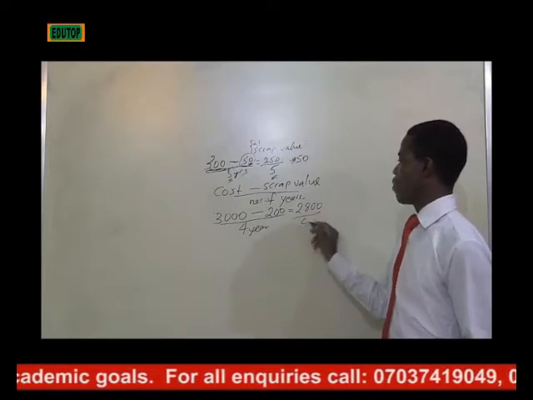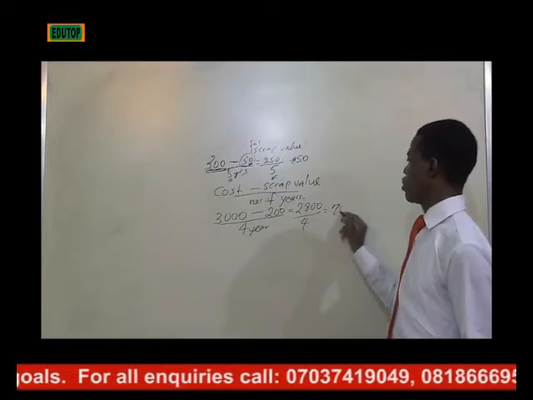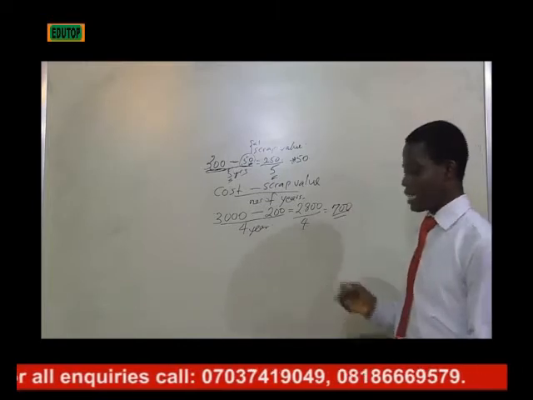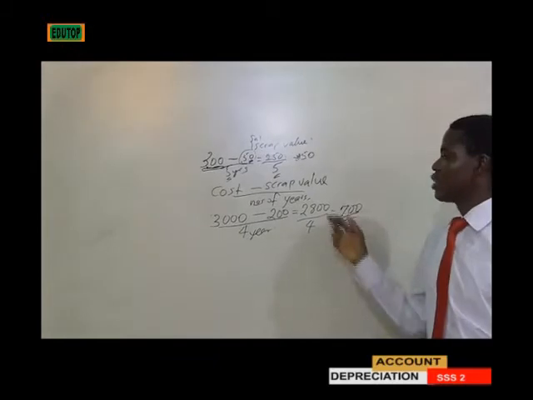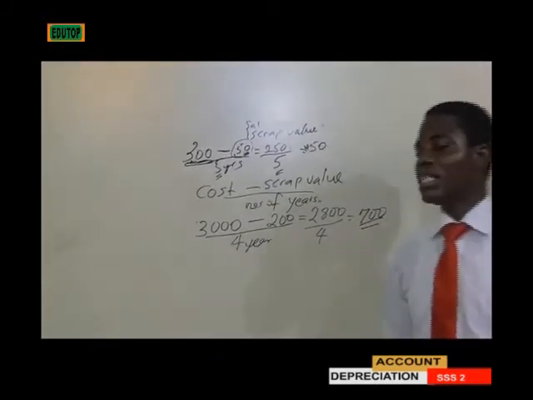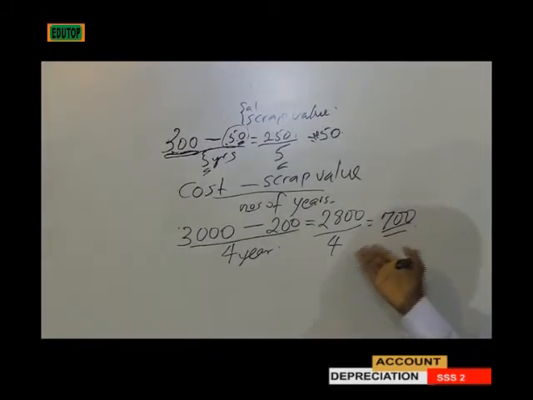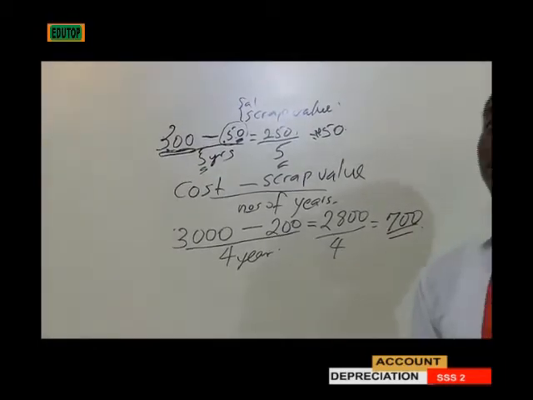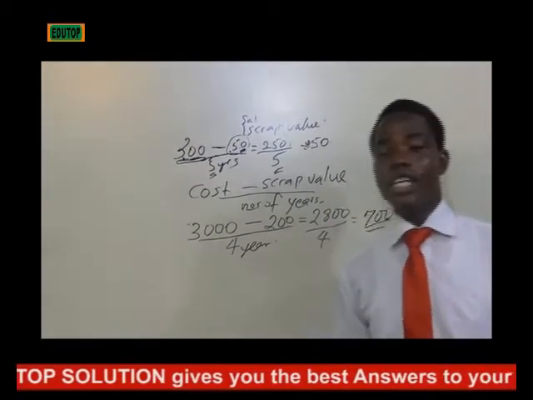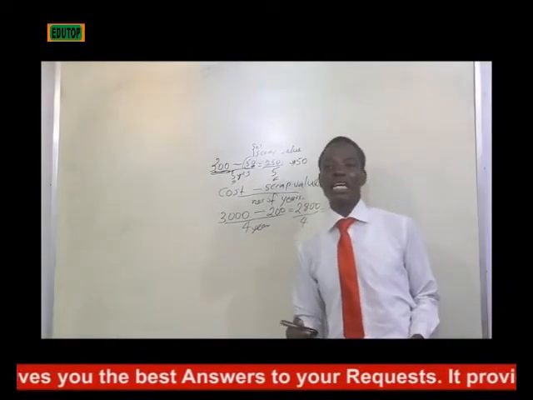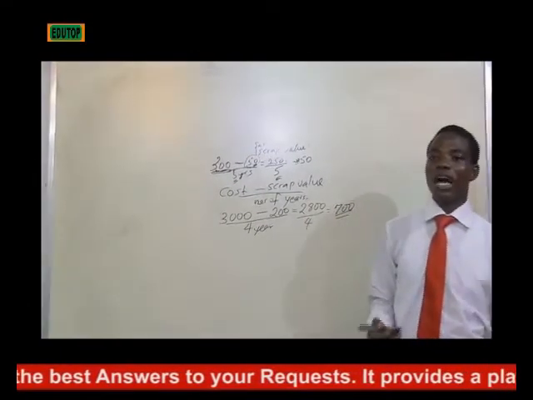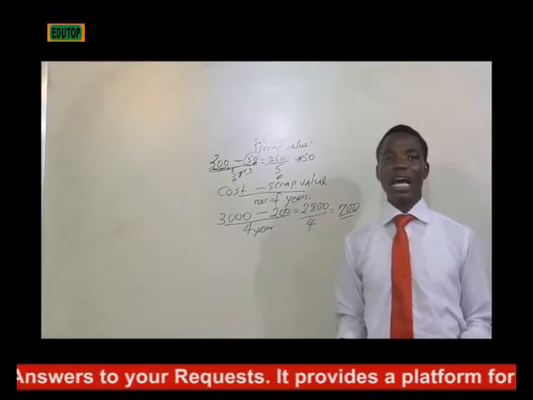You divide it by 4, and that gives you 700. So 700 naira will be charged for 4 years. 2,800 is the depreciation that was charged, and you spread it over the 4 years, which is 700, and it must be equal at the end of the day. So we begin to prepare the necessary ledgers that we are required to prepare under the straight line method.